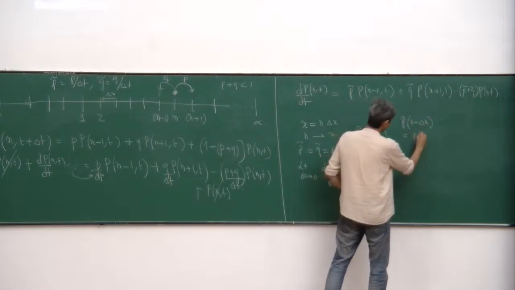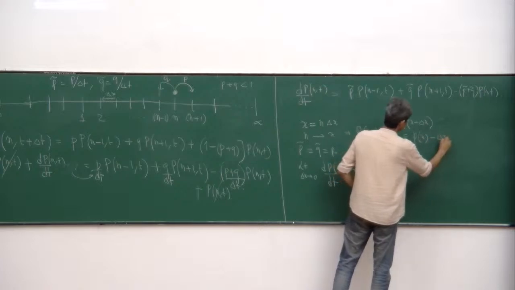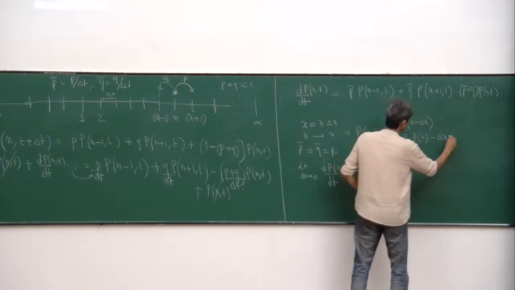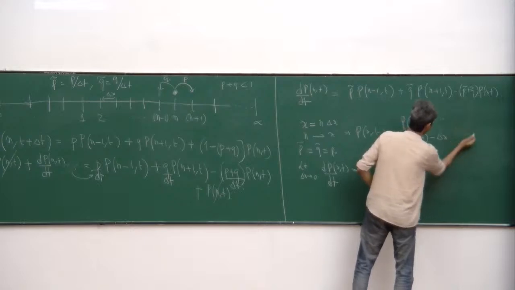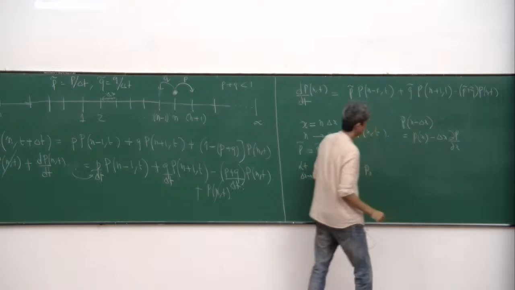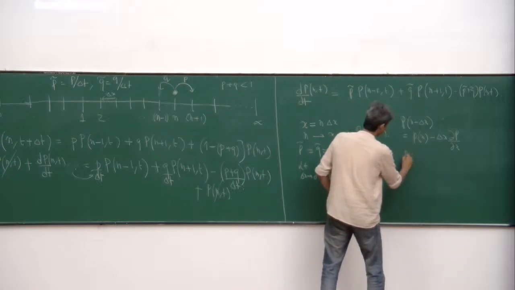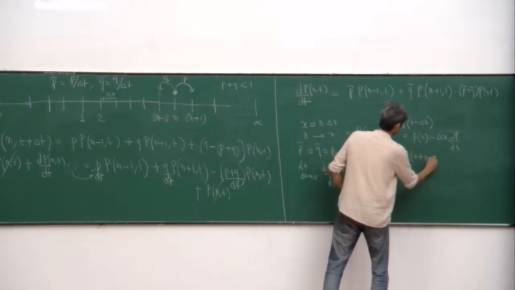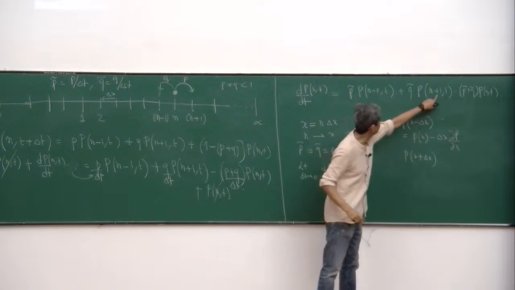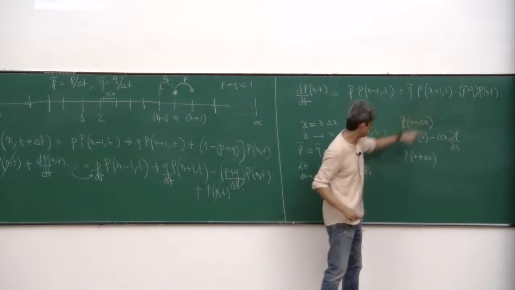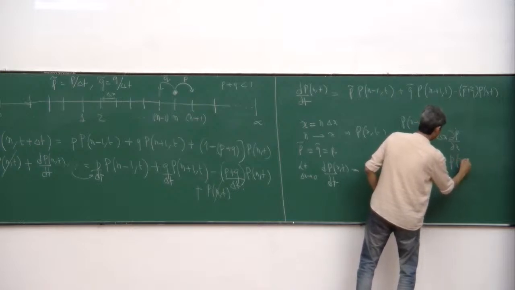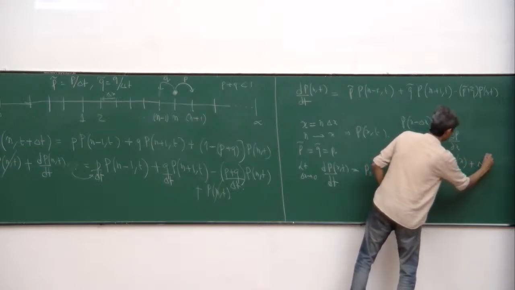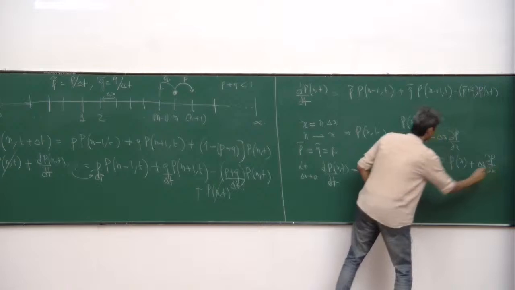You will get P of x minus delta x P prime of x, or maybe, because I have two variables, del P del x. Similarly, for P of x plus delta x, because I will get an x plus delta x from this term, I will have P of x plus delta x del P del x.